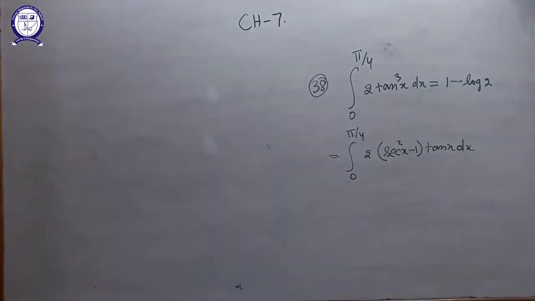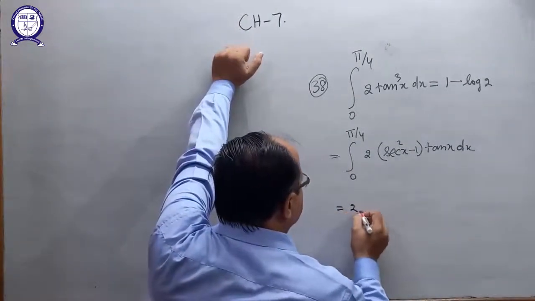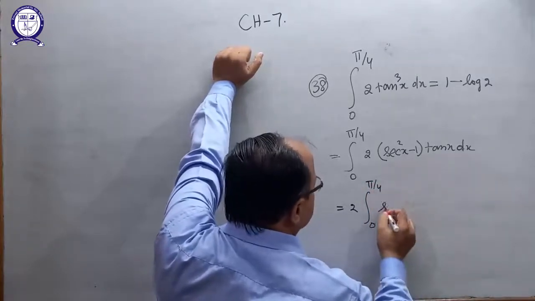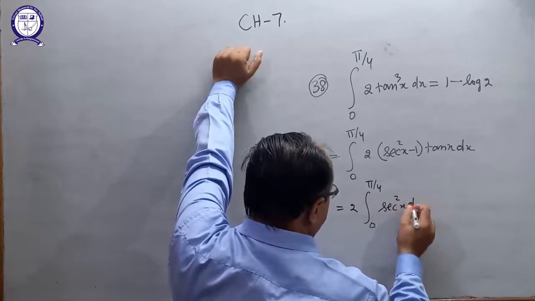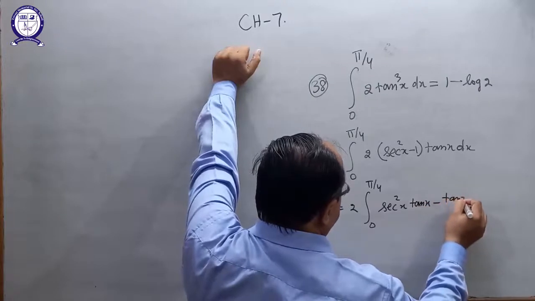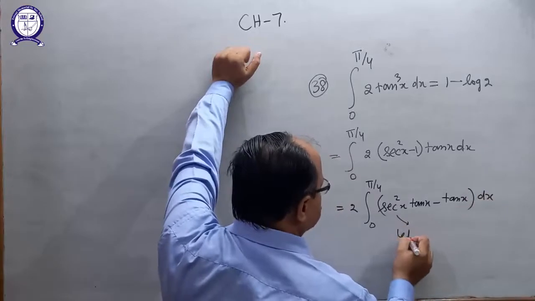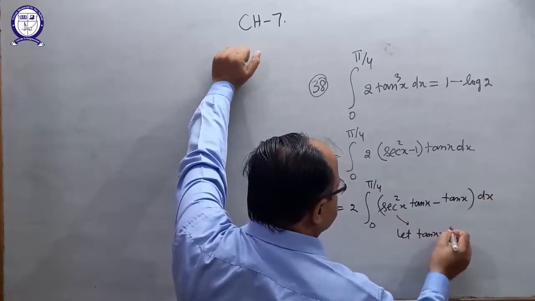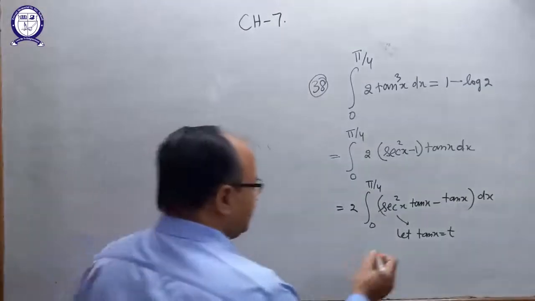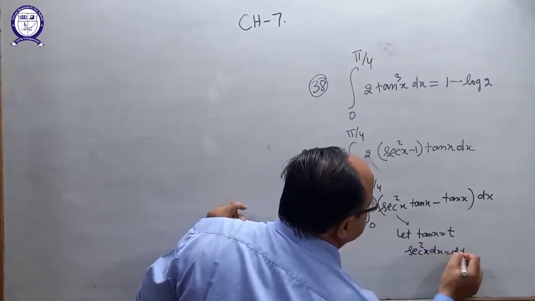Clear? Therefore, integration 0 to pi by 4 of (sec square x into tan x minus tan x) dx. In this question, let tan x is equal to t, and the derivative of tan x, sec square x dx, is equal to dt.